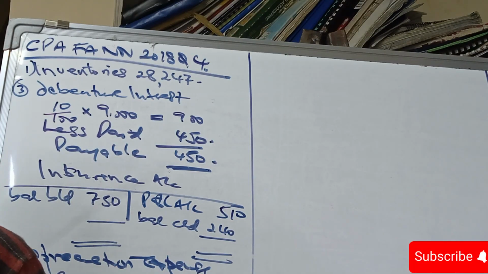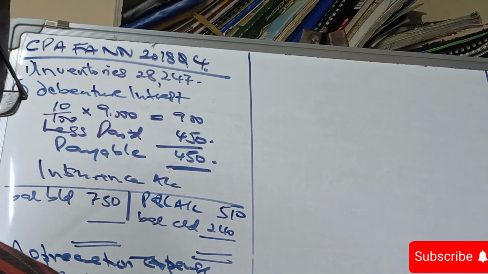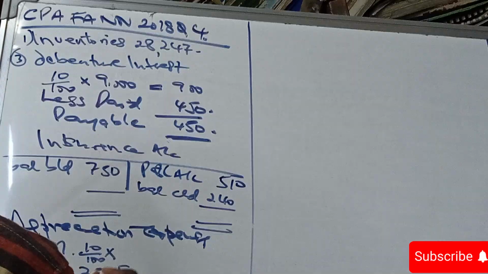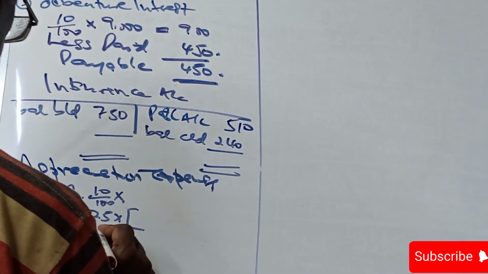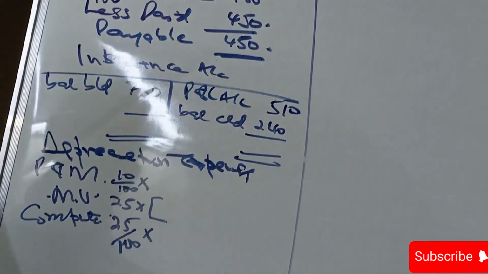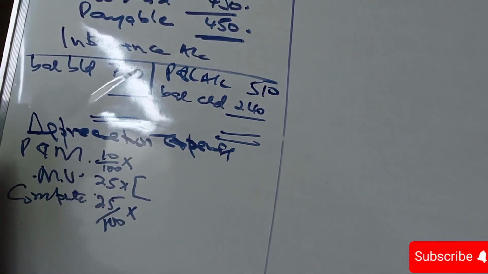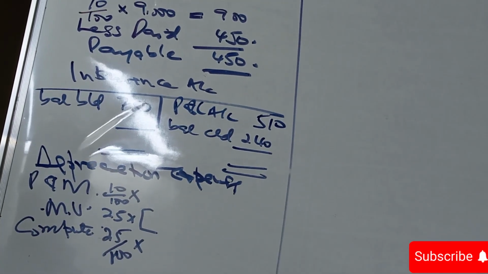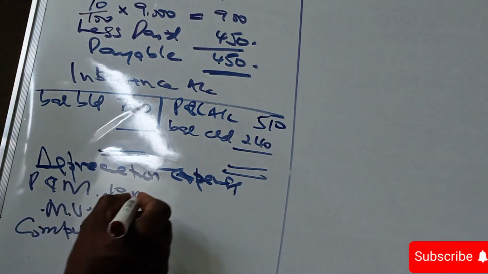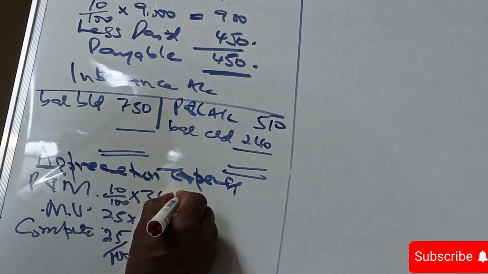Plant and machinery is 10% on cost. Motor vehicle is 25% on reducing balance, and computer is 25% per annum, 25% on cost. So we go to the trial balance, and we get plant and machinery, 34,000, 10% of 34,000.